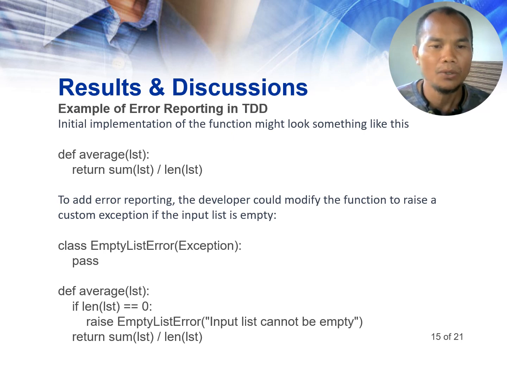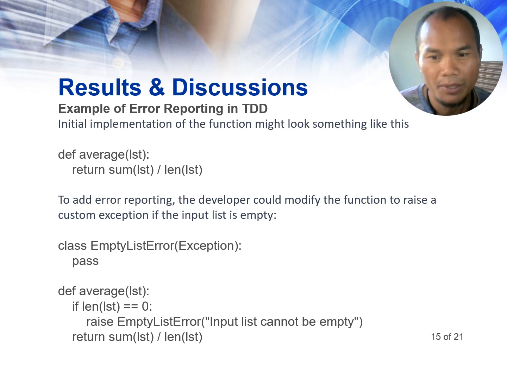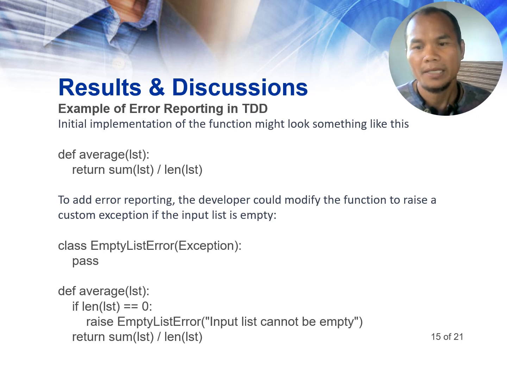So here's the code that does that. With this modification, if the input list is empty, the function will raise a custom EmptyListError exception with the message "input list cannot be empty."